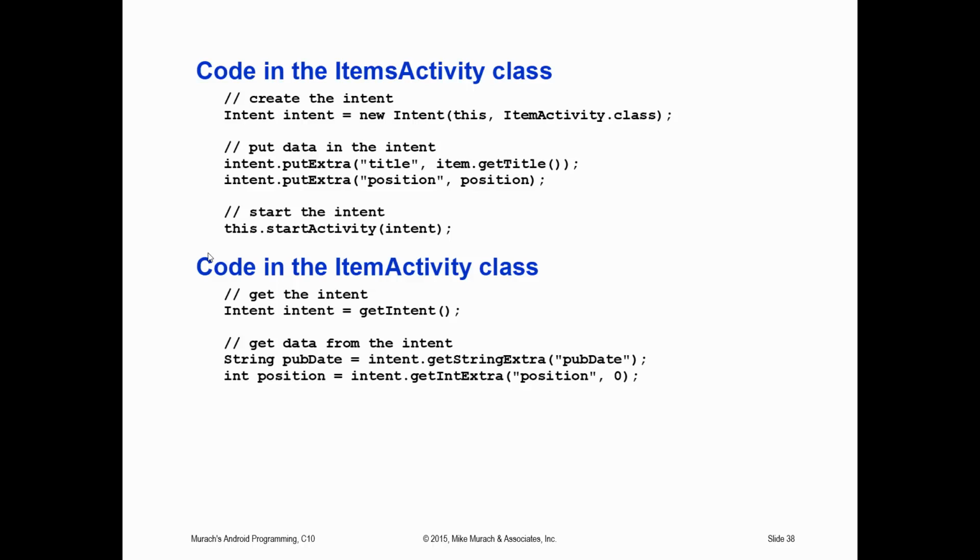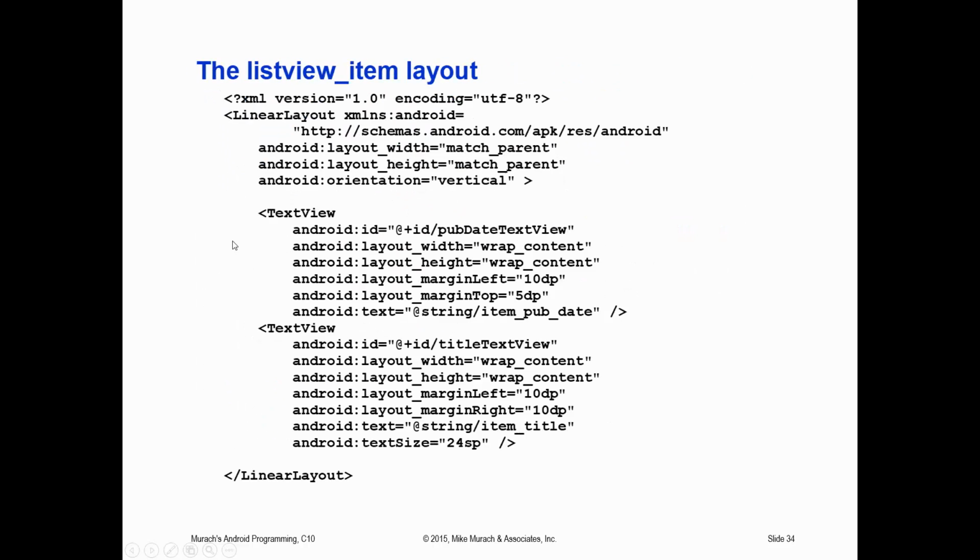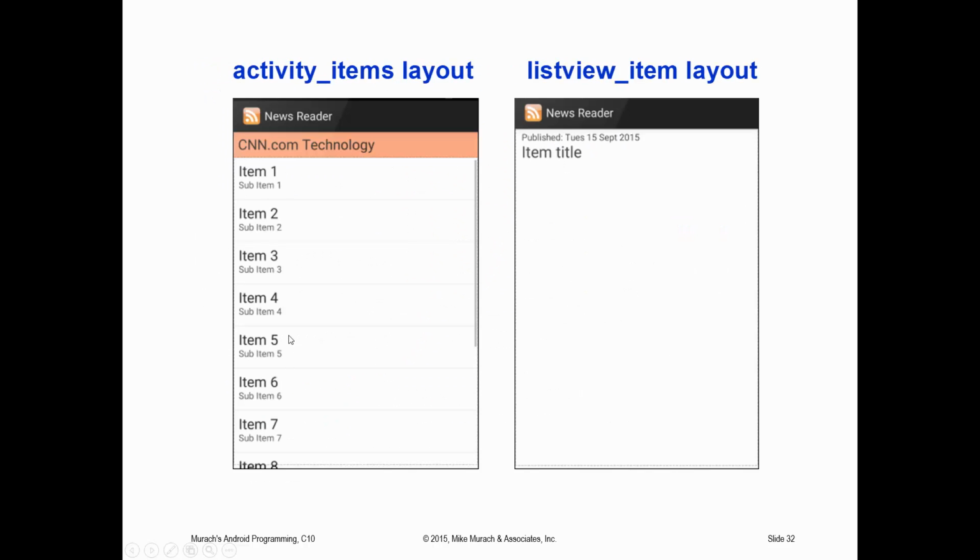If you click on one of the items, you need to display the data for that item in the item activity. To do that, you use what's called an intent to pass data from the items activity to the item activity. So items is this, item, plural. Singular is here.